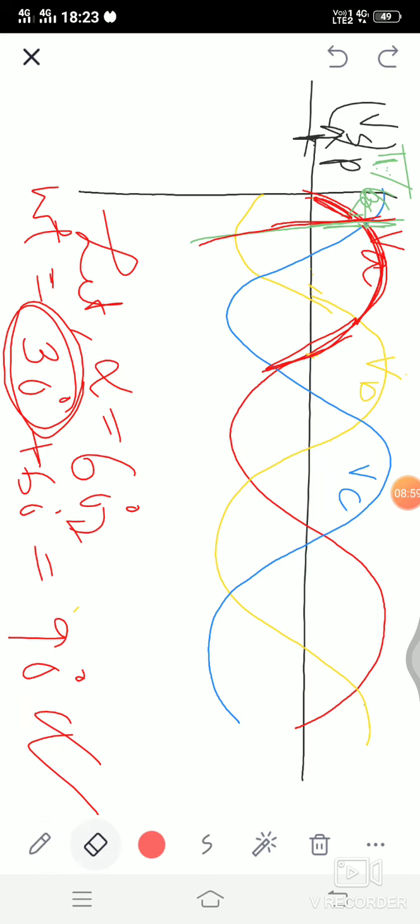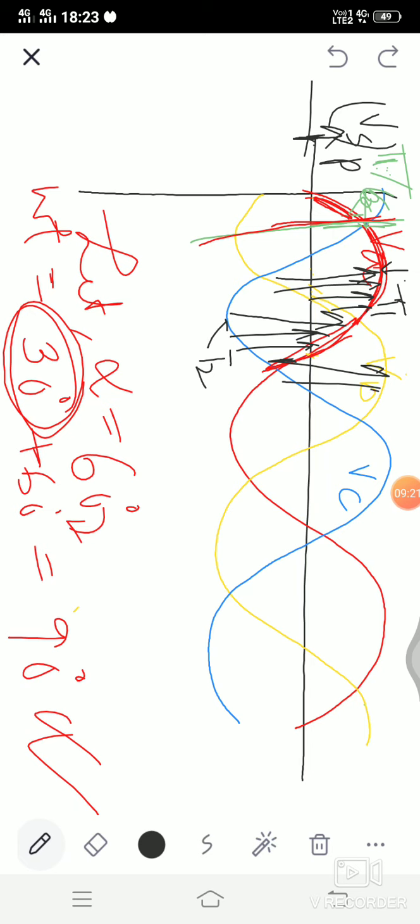Okay, so let us start taking first firing. So first firing is taking place here for T1. So I am drawing the lines like this. After this, after another 60 degree, another firing is taking place for T2, like this. So T2, then T3. Here T3 is taking place.